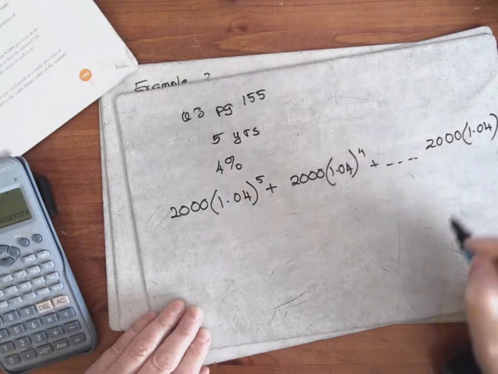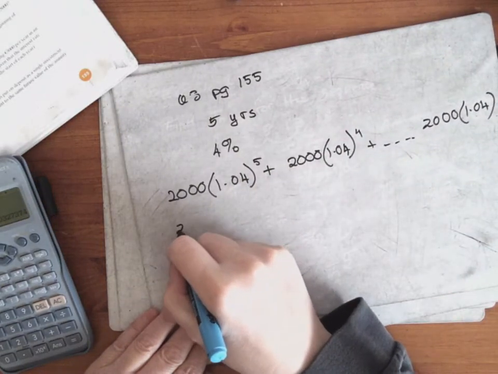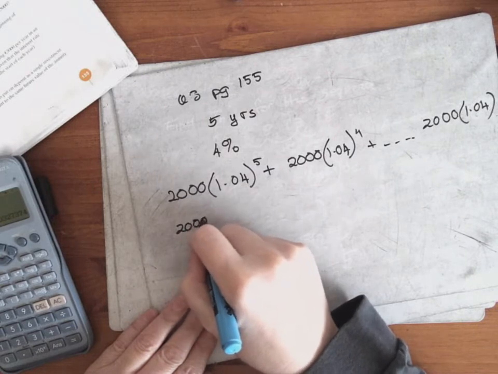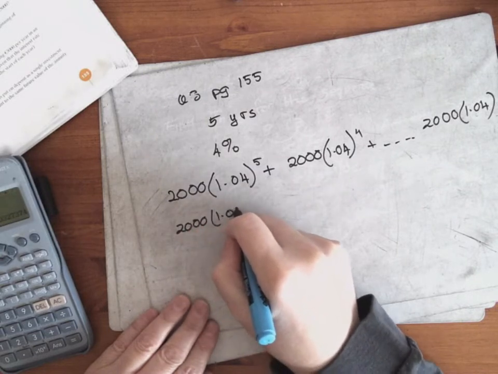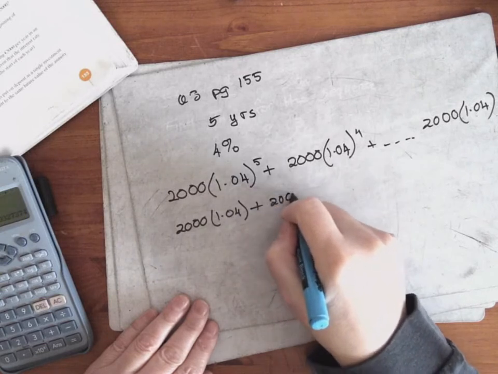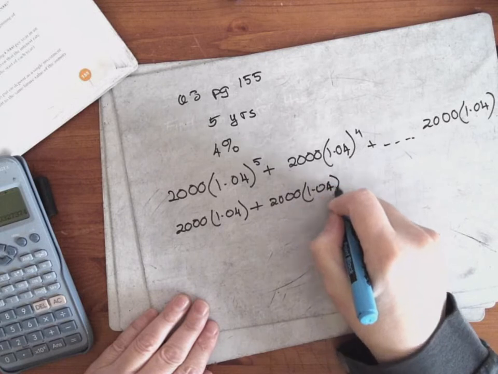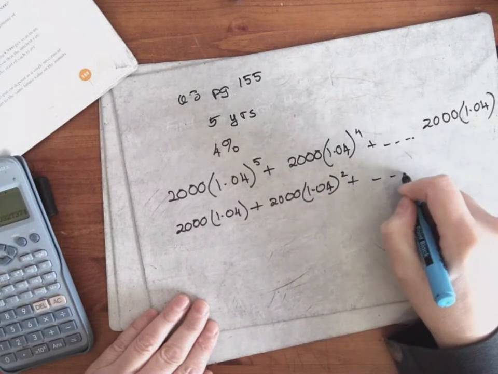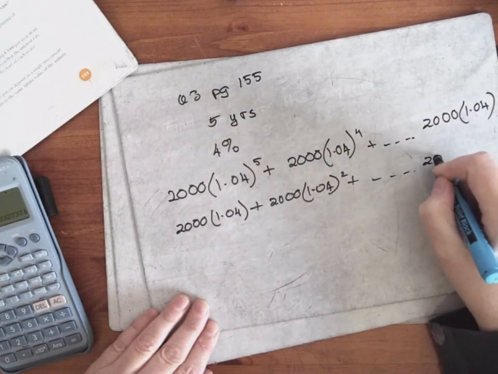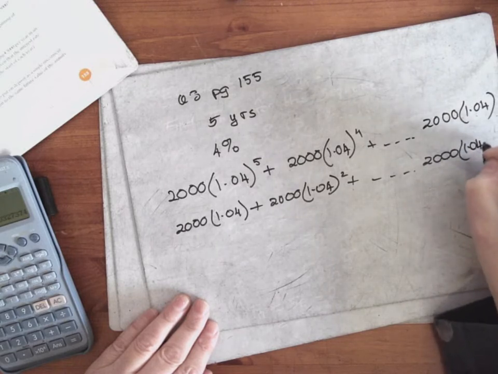Okay, so that's a geometric sequence written backwards. If you write it out forward, the last 2,000 was in for 1 year, the next 2,000 was in for 2 years. I'm just writing it backwards, and the last one is 2,000 multiplied by 1.04 to the power of 5.